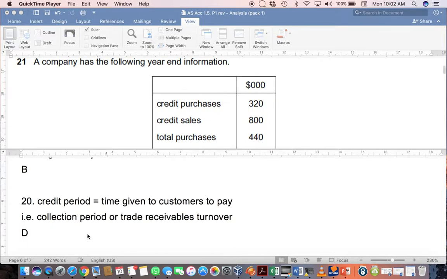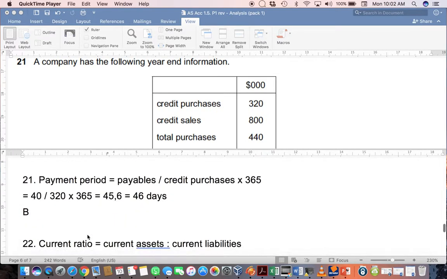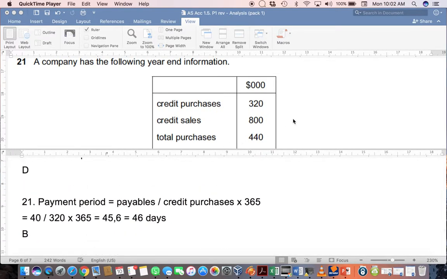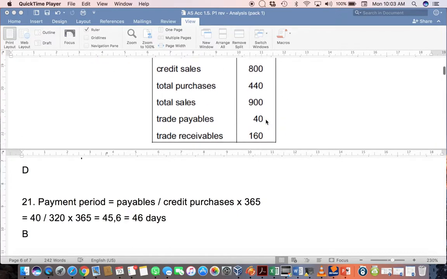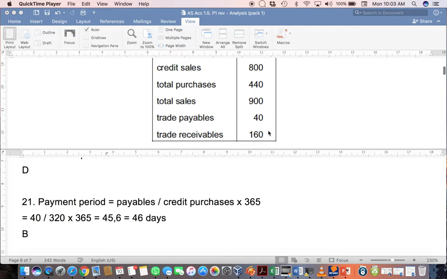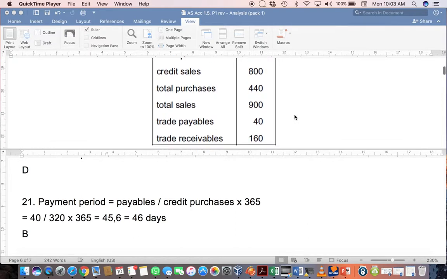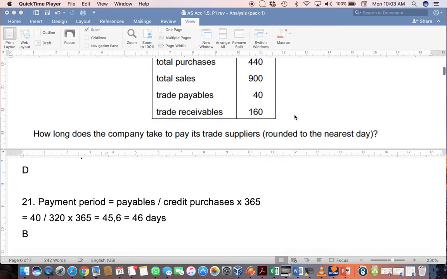Number 21. A company has the following year-end information. You are given the credit purchases, credit sales, total purchases, total sales, trade payables, and trade receivables. In fact, you're given quite a bit more than what you actually need. Before you tie yourself up in knots trying to do something with that, let's see what you need to work out.